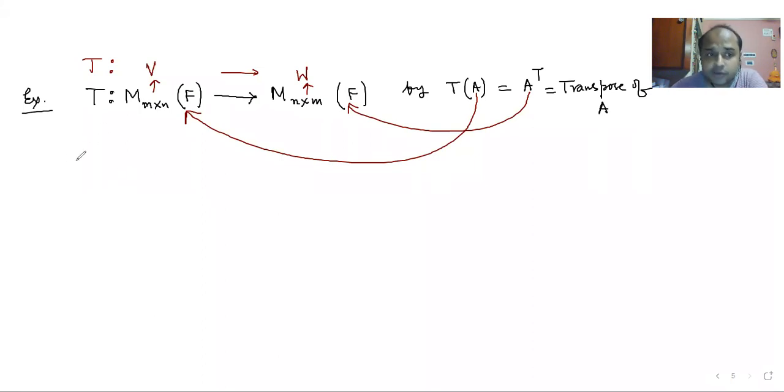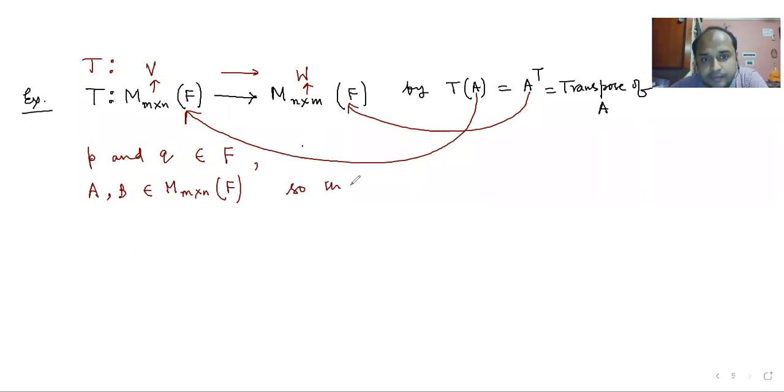For this you take two scalars, say small p and small q, from the set capital F, which can be the real number set or complex number set, and we select two matrices, capital A and capital B, from the set M cross N F, so that by definition A transpose and B transpose belong to the vector space N cross M F.